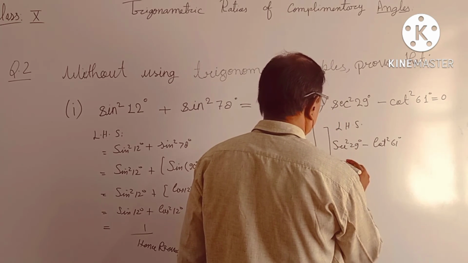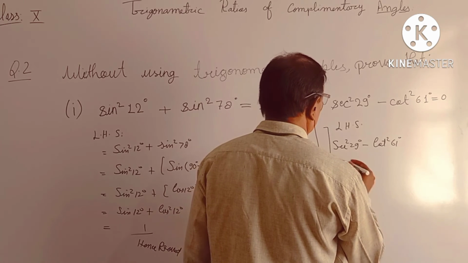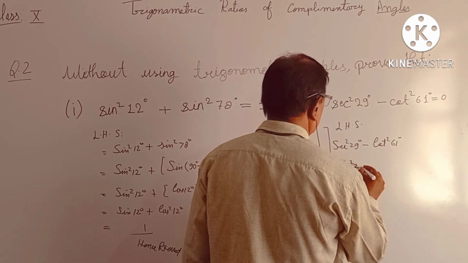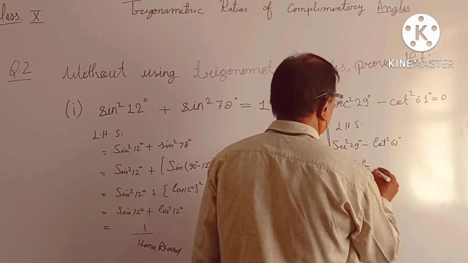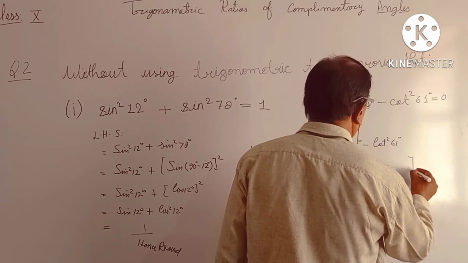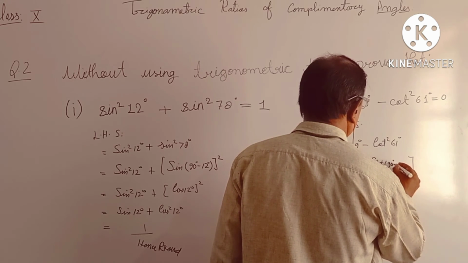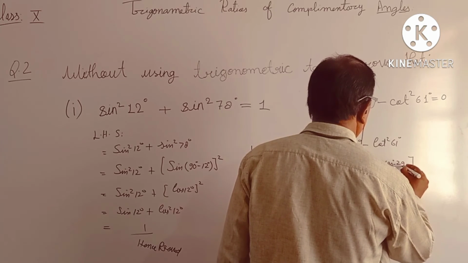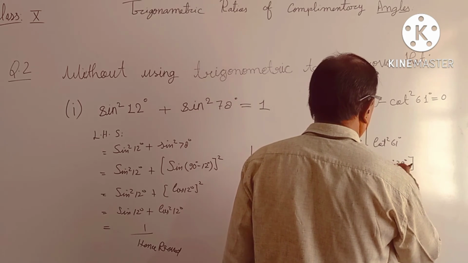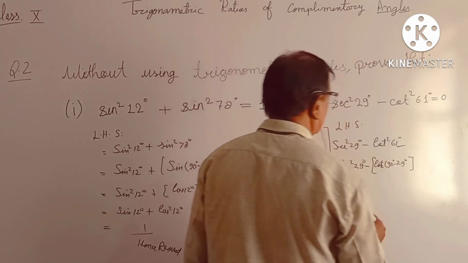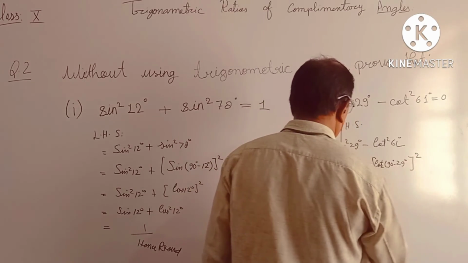Now we prove by using some formulas. We can write cot 90 minus 29 degree, if we subtract 90 minus 29 we get 61, and its square.